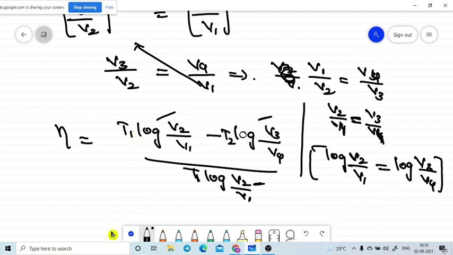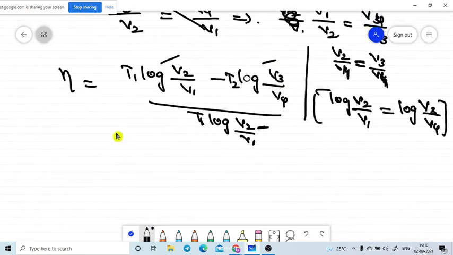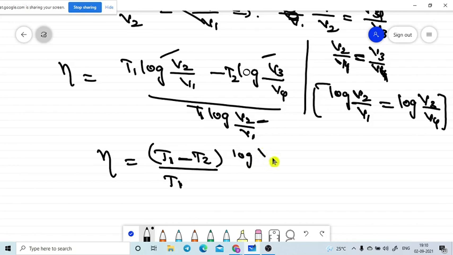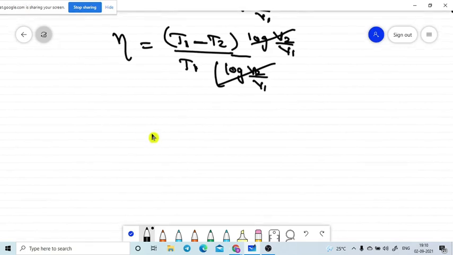So eta is equal to the common term T1 minus T2 divided by T1, times log of V2 divided by V1, and in the denominator also log of V2 divided by V1 is there. These will cancel. So then eta is equal to T1 minus T2 divided by T1.